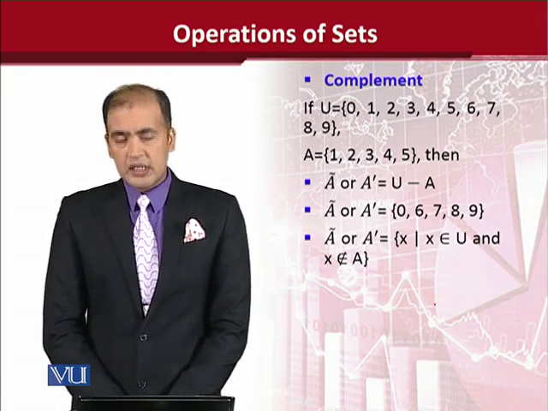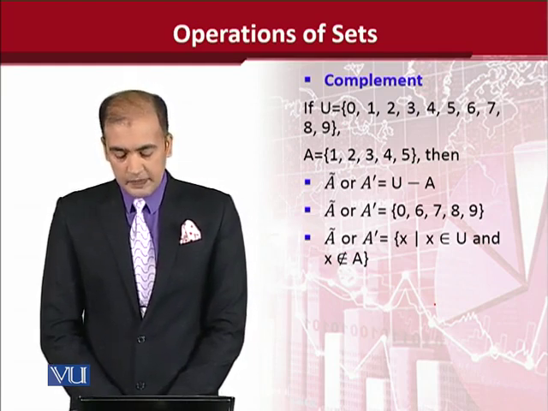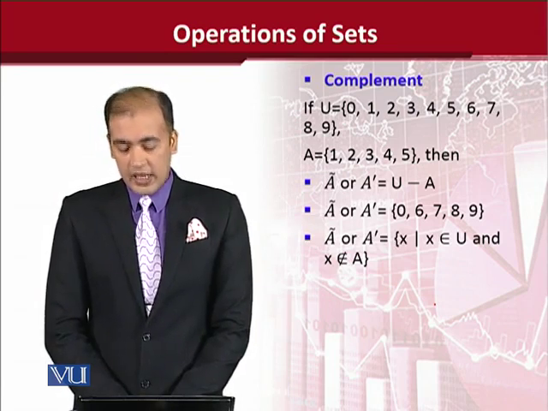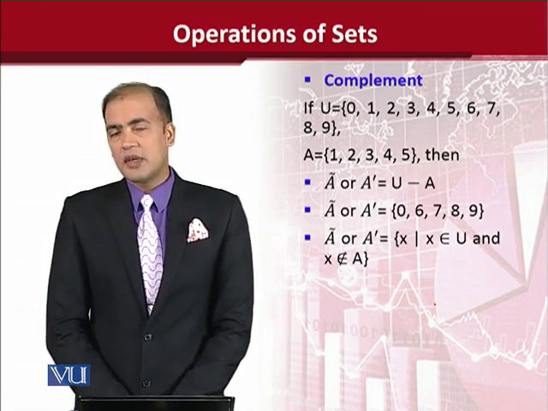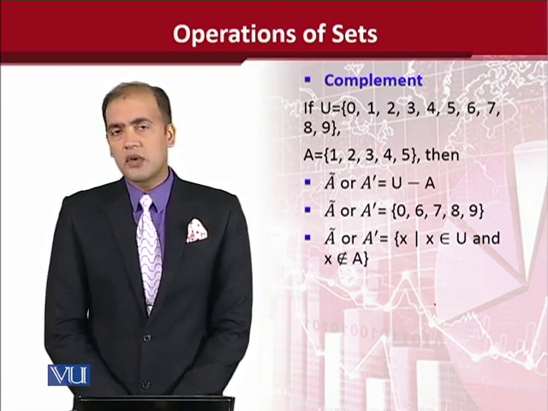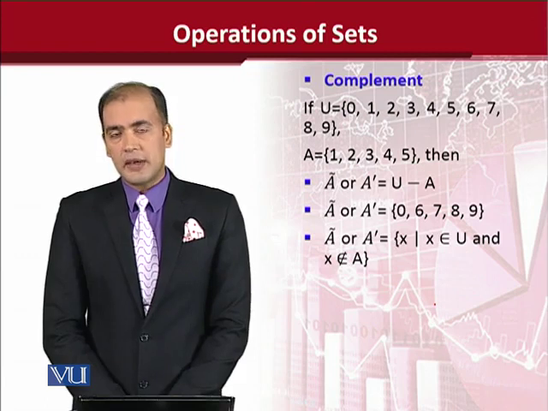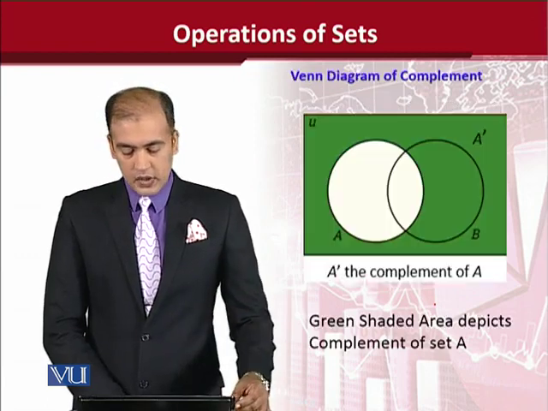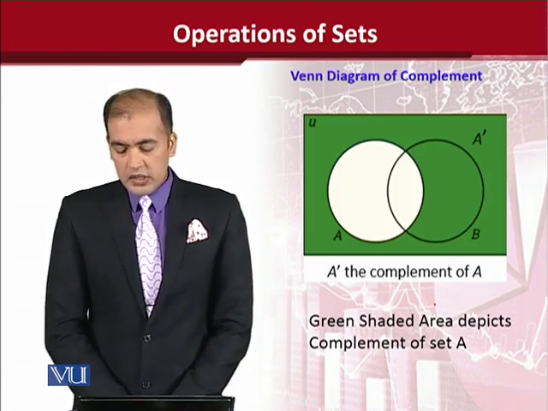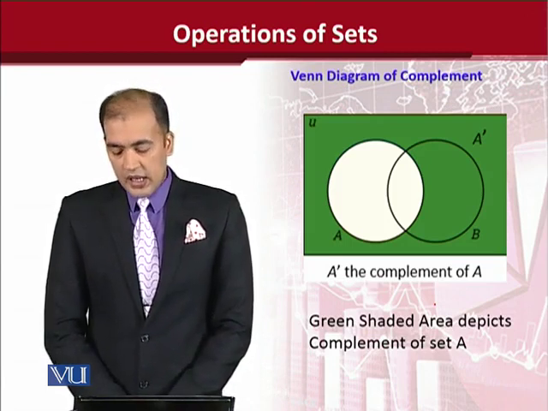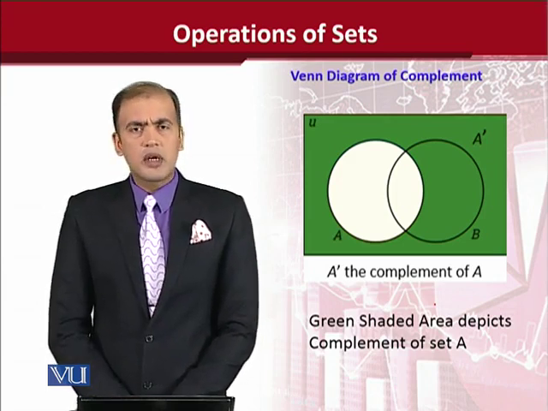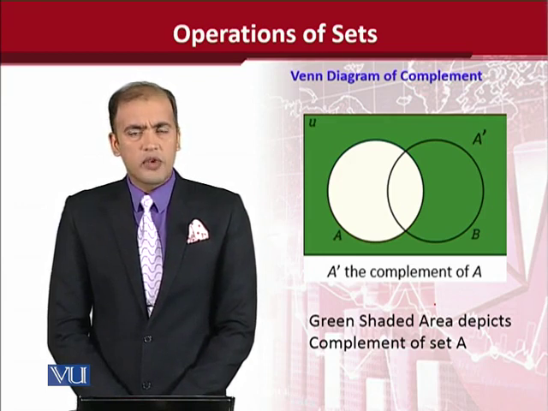It can also be written in the description form. As you can see, x such that x is an element of U and x is not an element of A. So x is there in the set U, but it is not in the set A. The Venn diagram will come to help us, and you can see U is the whole rectangle. After U is drawn, we have drawn A and B. B is not used here. We have been using it in the previous examples.